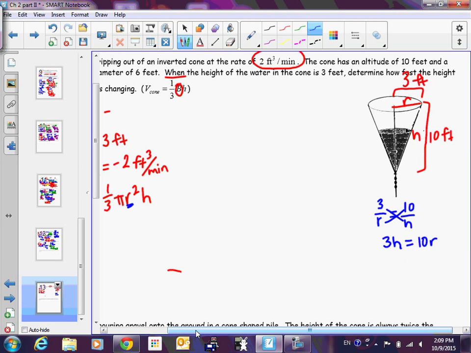Is r supposed to be the radius of the water or of the cone? So right up here, I'm talking about the cone. So is 3 not equivalent to r? The 3 and the 10 have to do with the cone. The r and the h have to do with the cone and the water and any of the similar cones.